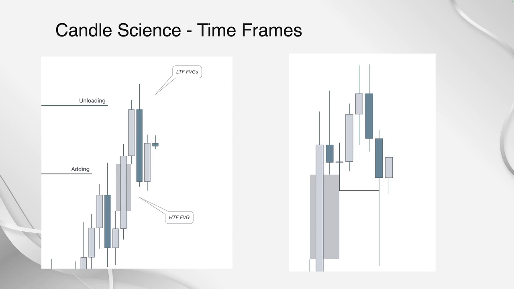So what are we looking at right here? On the left side, this might seem familiar because this is GBP Canadian dollar. On the right side might also seem familiar because this is Euro New Zealand dollar, both of which we went over, but both are different examples. On the left, I marked out the unloading of orders. That is a swing high, the premium array. I'll show you what that looks like a little bit later on.